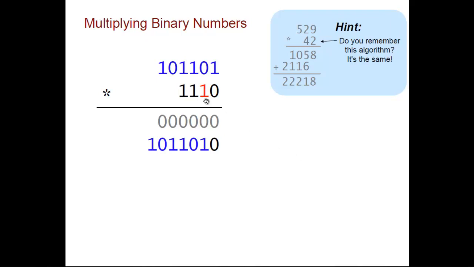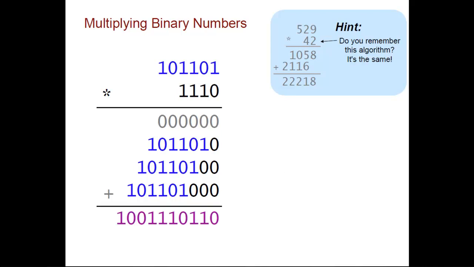And you can see that because it's a 1, we're getting all of those digits the same, but we have to push it in one place, just like you would in the decimal version, right? So you push it in one place, and I'm putting a 0 there to be a placeholder. And then we just keep doing that. Anytime we have a 1, we get the same bits, but pushed over. Anytime we have a 0, we get zeros. And then we're just going to add up all of the columns to get the final result.